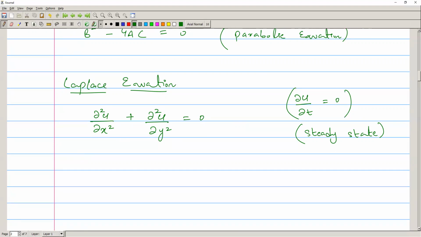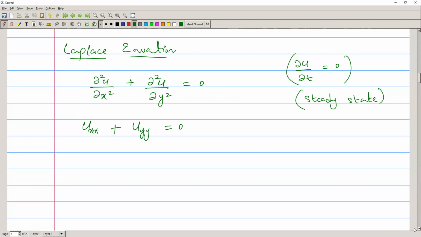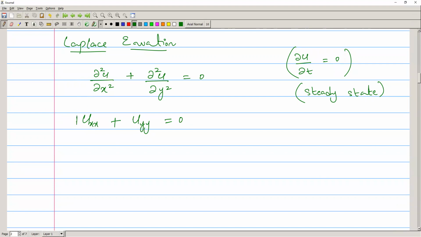So what's A here? Let's write in the journal order to make things simple. So uxx plus uyy, the coefficients of both uxx and uyy are 1. So we can say that A is equal to 1, B is equal to 0 because there is no term of uxy, and C is equal to 1 again.